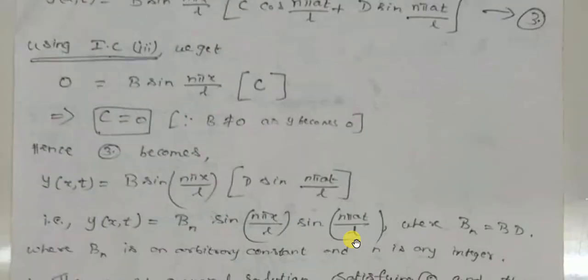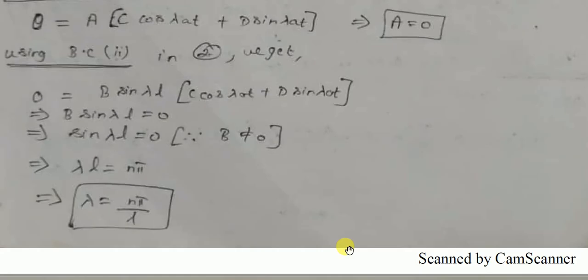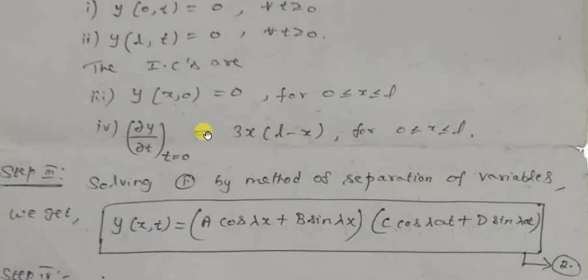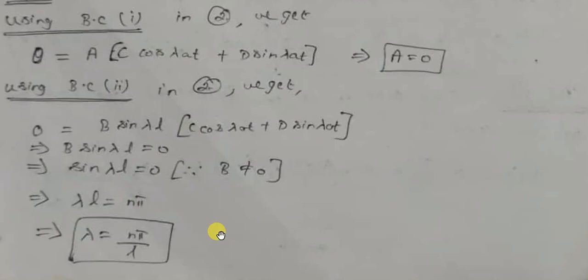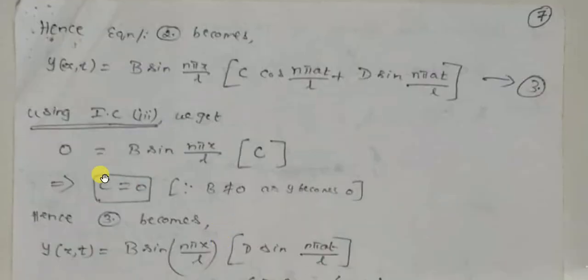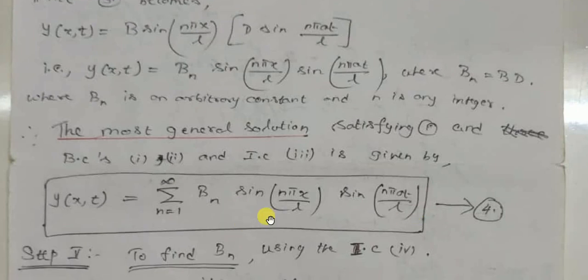Here displacement is 0, velocity exists. So displacement is 0 at time t equal to 0 means we get the value of C as 0. So we got this most general solution.